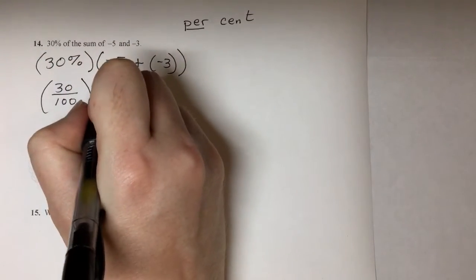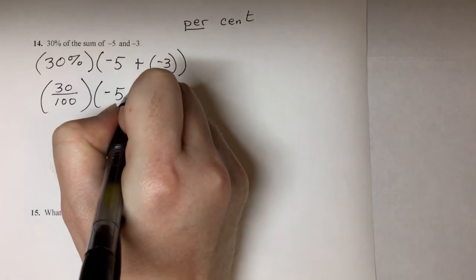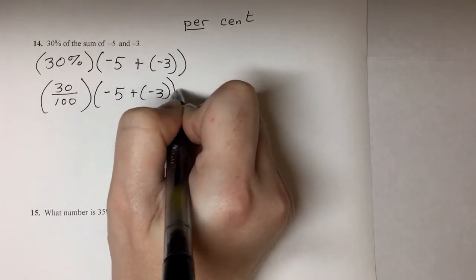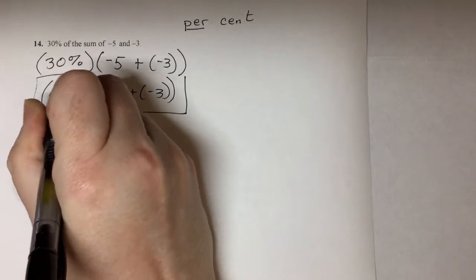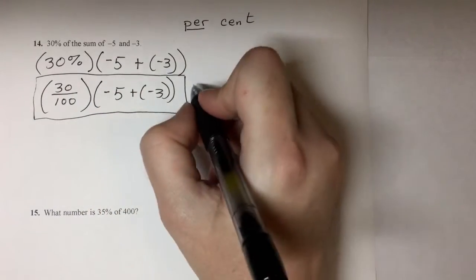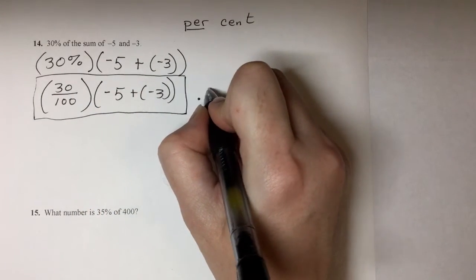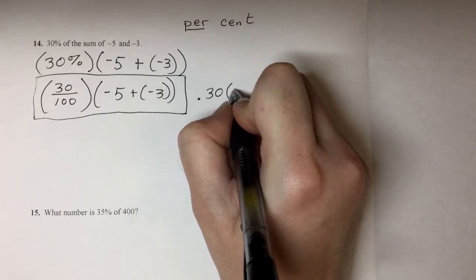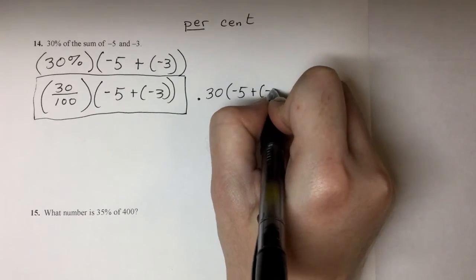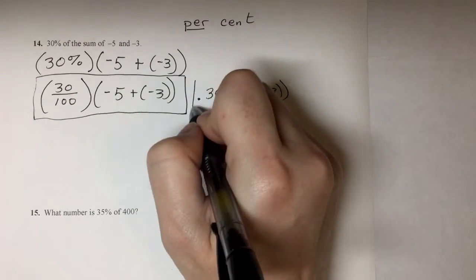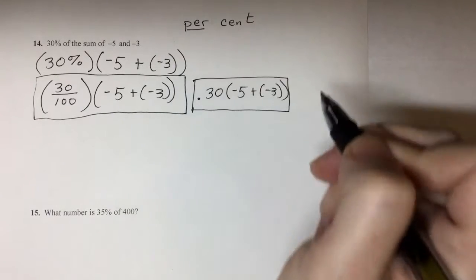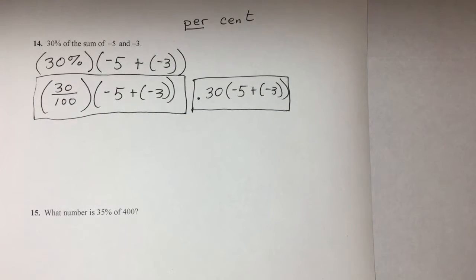So I have 30 out of 100 times -5 plus -3. This is my direct translation. Again, I could have using decimal form. This would also work as the translation.